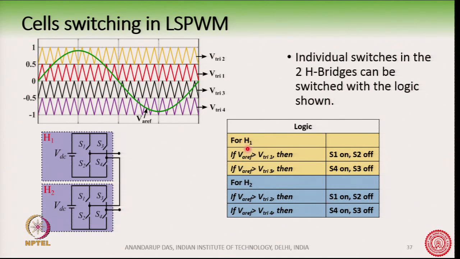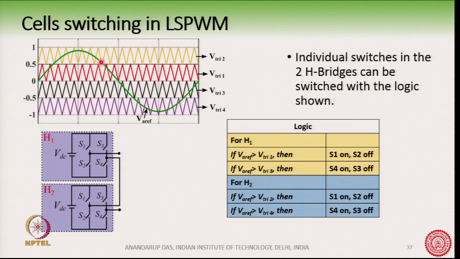But for H1, during this part of the waveform, what will be the condition of the switches? We see that for H1, VRF is more than V triangle 1. So, the switch S1 in H1 during this portion of the waveform is completely turned on.